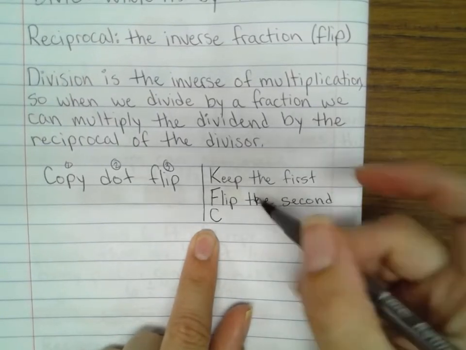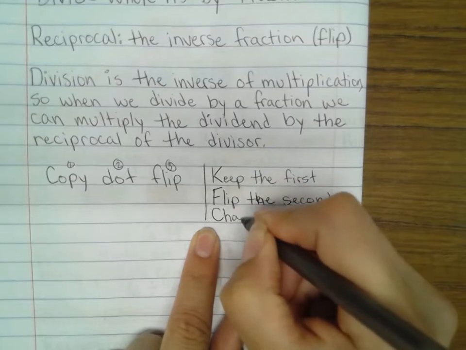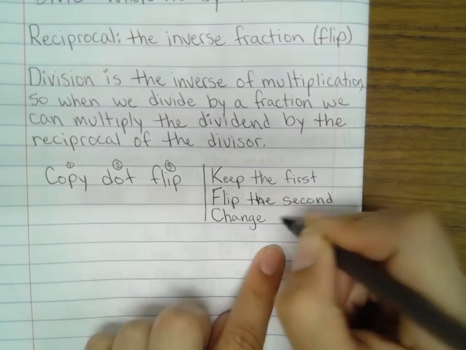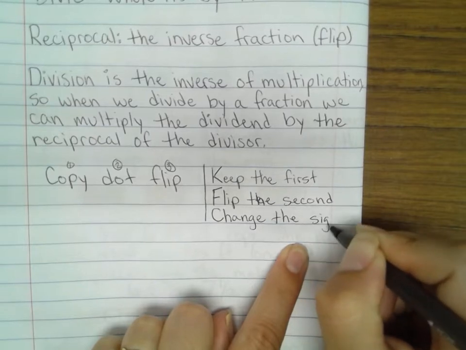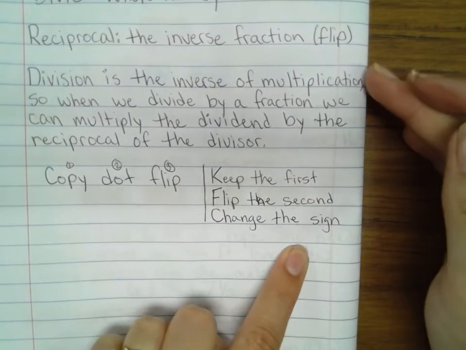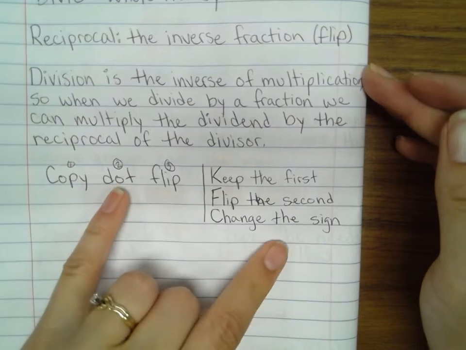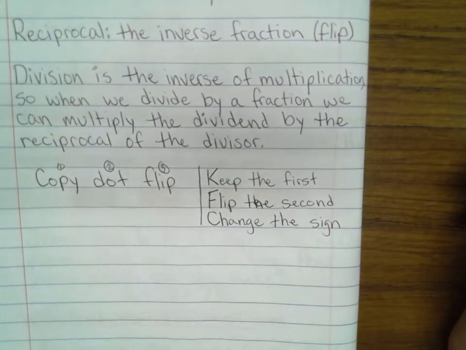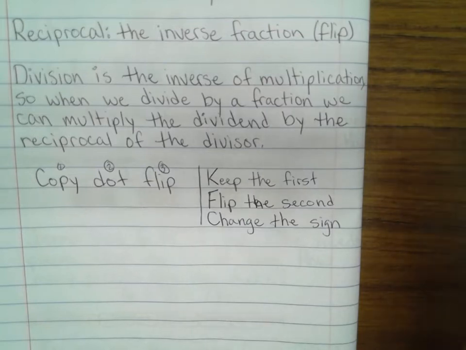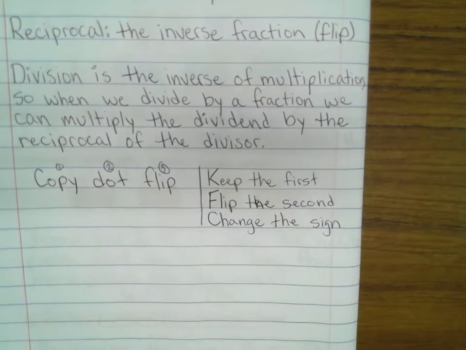We're going to flip the second one. And then we change the sign, meaning we're going to change the sign from division to multiplication. All right, so those are two ways to think about it. Both are just ways to help your brain remember the order that you need to do stuff in.